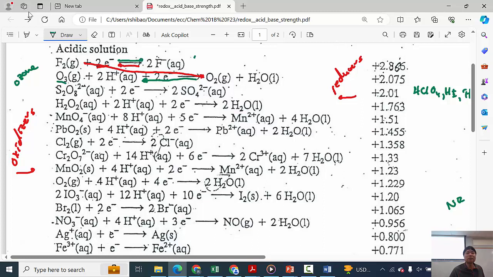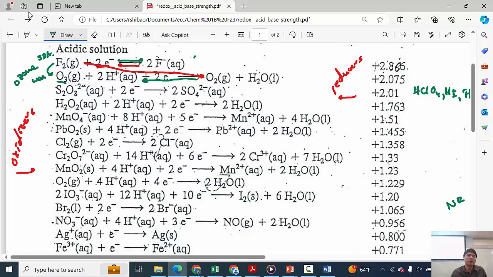Is that downhill? Yes, it's downhill because we're going from a stronger oxidizer, SOA, fluorine, to a weaker oxidizer, WOA. SOA stands for strong oxidizing agent, or oxidizer. The weaker oxidizing agent will be ozone.